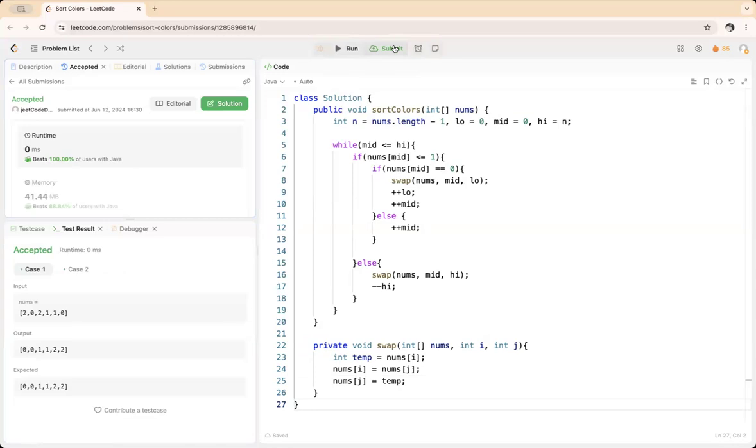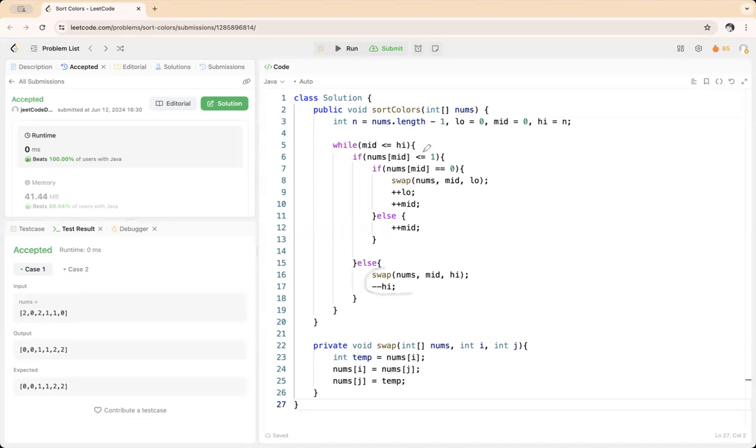The only thing is, the question that can be asked during interviews is: why in this case we are only doing minus minus high, but in this case, when we are doing a swap, we are incrementing the low as well as mid. So the reason for this is, that is why I have taken this as one part and this as another part.